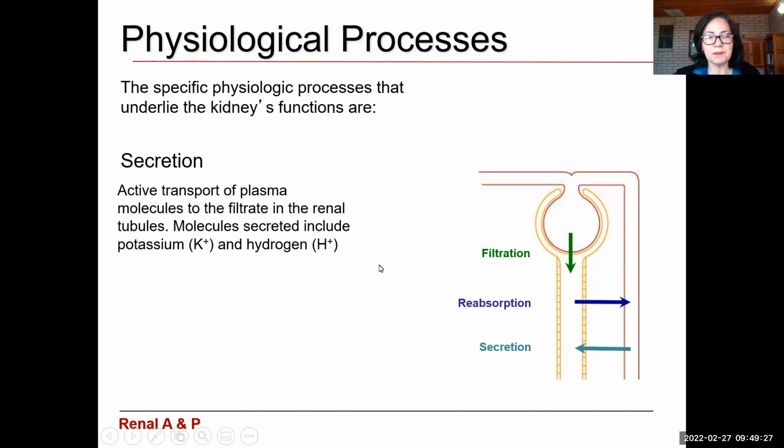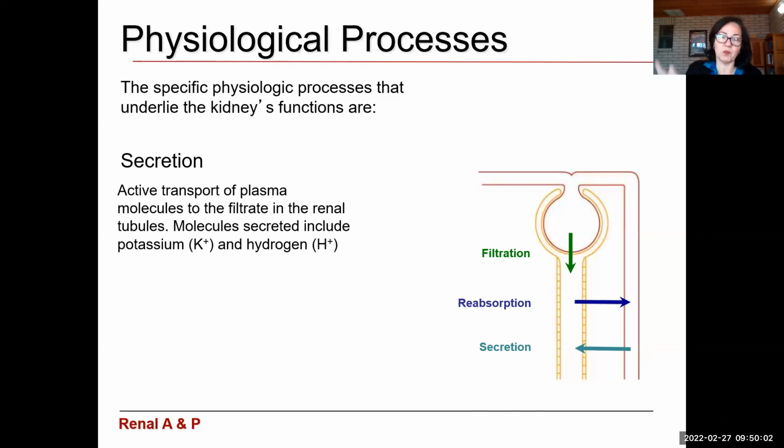Then the next step is referred to as secretion. This is the waste that's still in the blood that didn't come out in the filtration step. We can actively pump that from the bloodstream into the filtrate. Things that get secreted are things like potassium ions and hydrogen ions, when the kidney is working at maintaining electrolyte balance and pH balance.